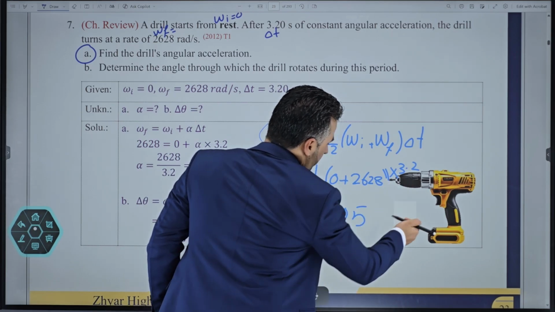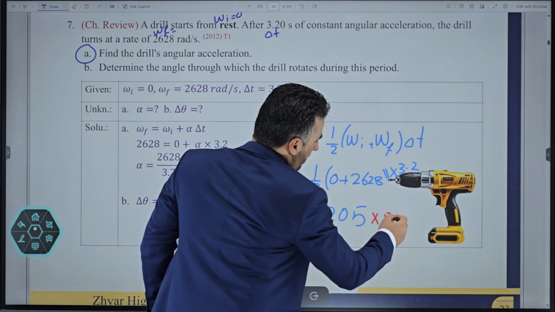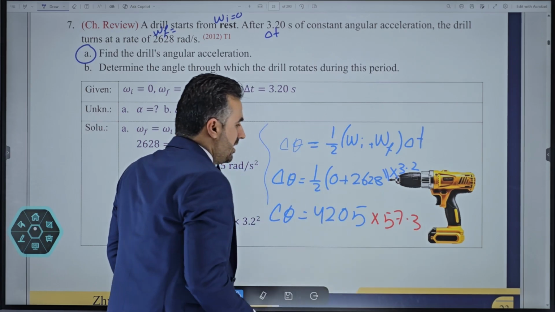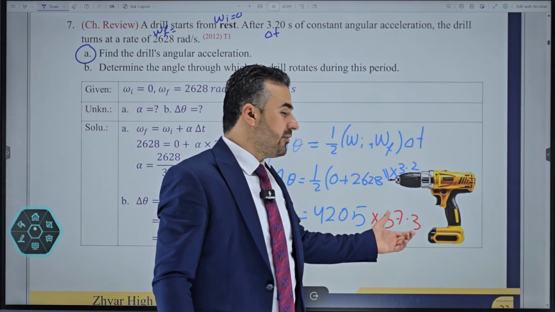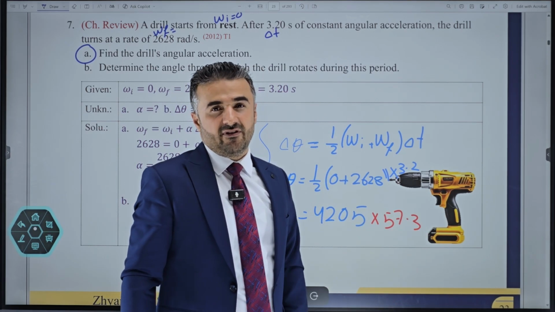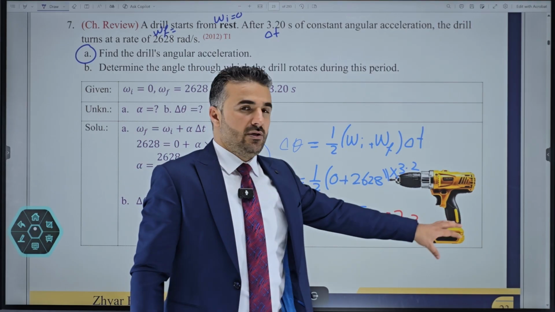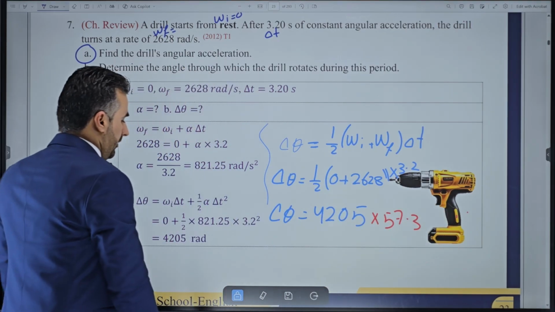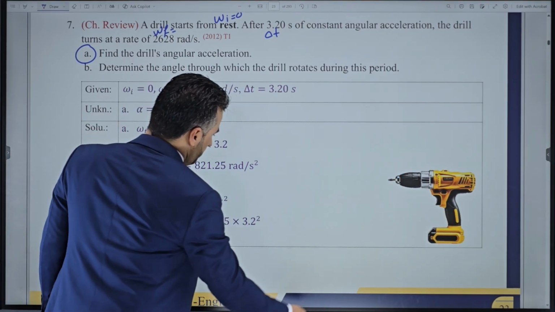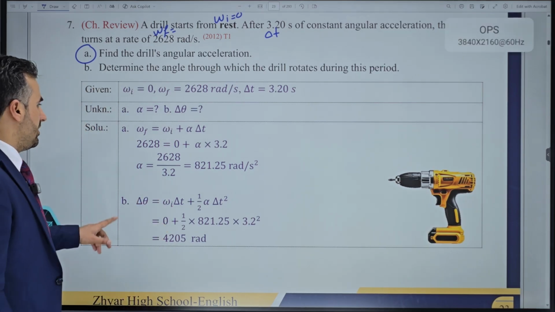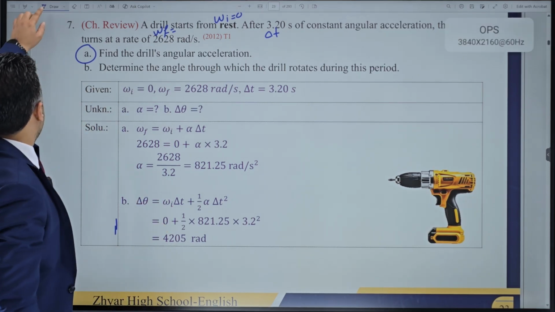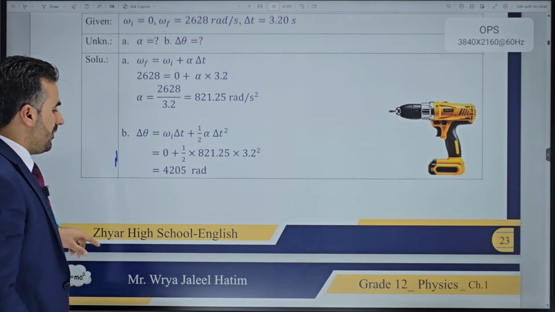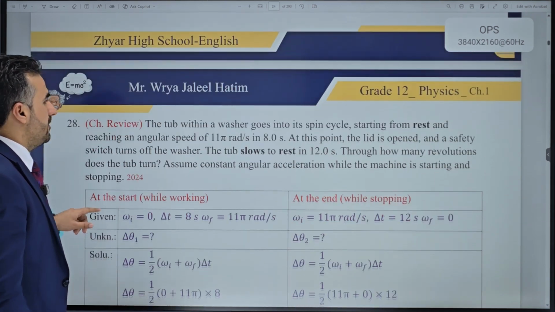In that case, you would just multiply by 57.3, because to convert radians to degrees you multiply by 57.3. So you can always try different ideas even if they're not asked for. Not in the exam, just for you to practice.